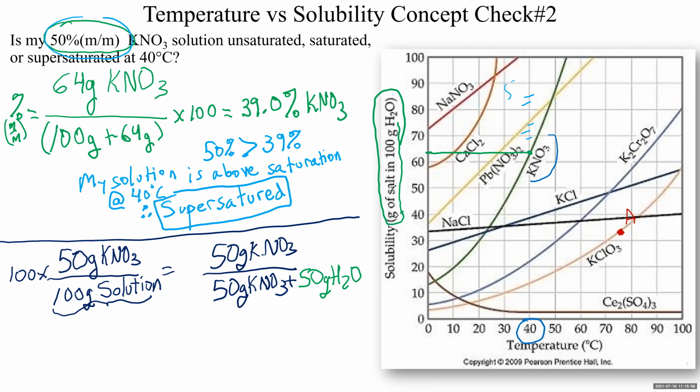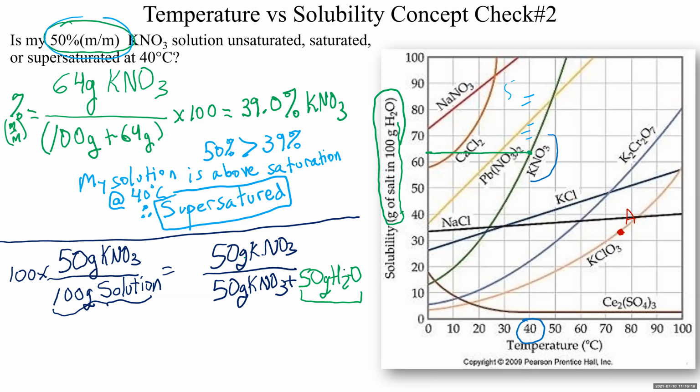Now, over here, it tells us that every 100 grams of water will allow us to dissolve up to 64 grams. Well, what if we had 100 grams of water instead of 50 grams? What this is telling us is that we have a ratio of 50 grams of KNO3 to every 50 grams of water.